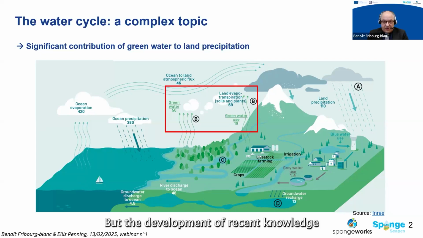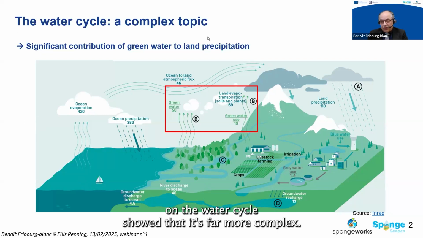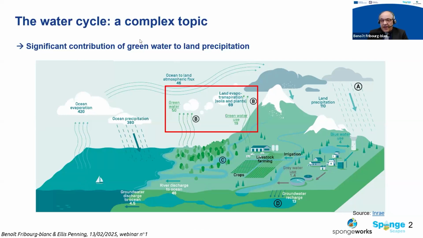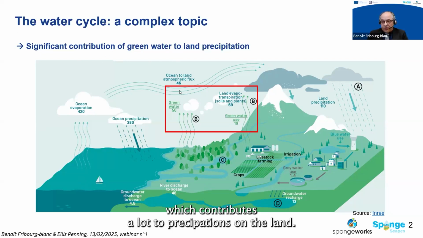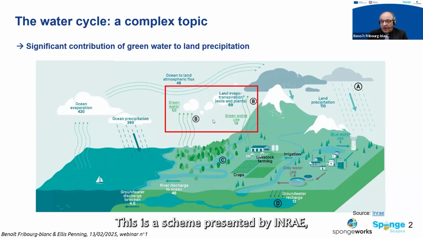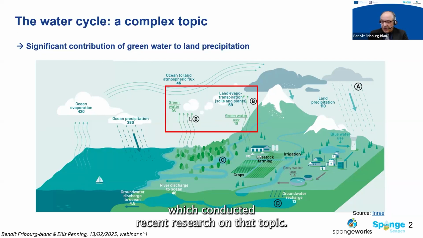But the development of the knowledge on the water cycle showed that it's far more complex. And this complexity comes in particular from the green water, which contributes a lot to land precipitation. This is a scheme presented by INRAE, which conducted recent research on that topic.